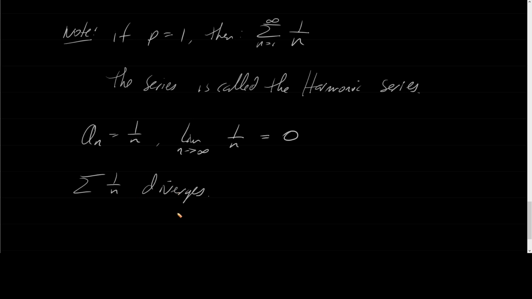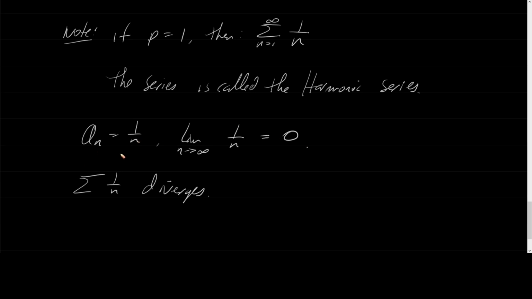If you recall from chapter 9.2, from the previous section, we spoke about the nth term test for divergence, right? And that one said that if the sequence did not go to 0, then the series diverges. Prior to that, the statement was if the series converges, then the sequence goes to 0.